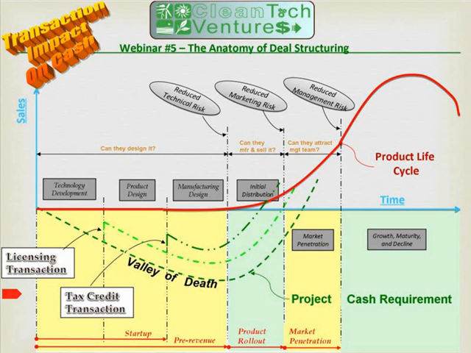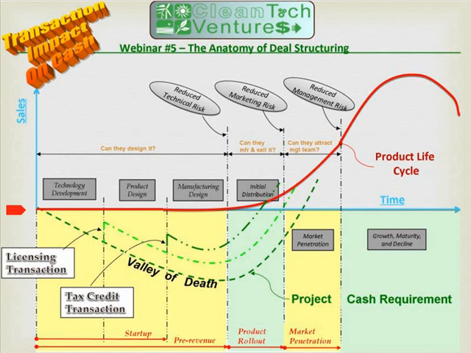Theoretically, where there's a licensing agreement, but then if you also use your tax credit transaction, you further reduce your cash need in the future. I'd like for both of you to talk about that issue as well as further insight that you'd like to provide for this slide. Thank you, Bernie.